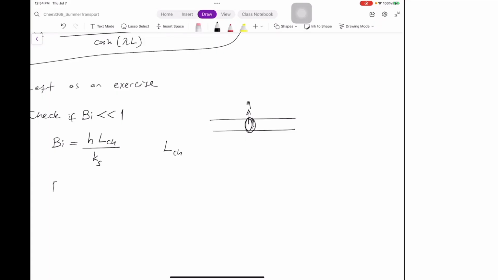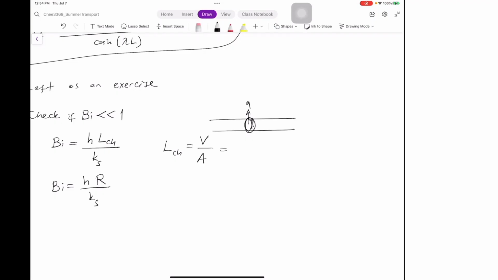You can just take it as the radius, hr over ks if you like, or you can use the area divided by the perimeter. Normally the characteristic length is volume divided by area, right?